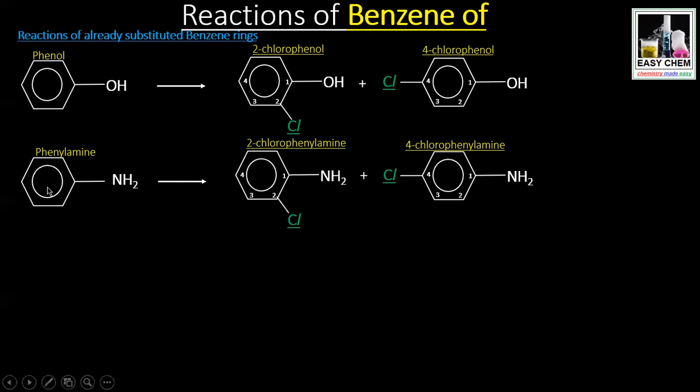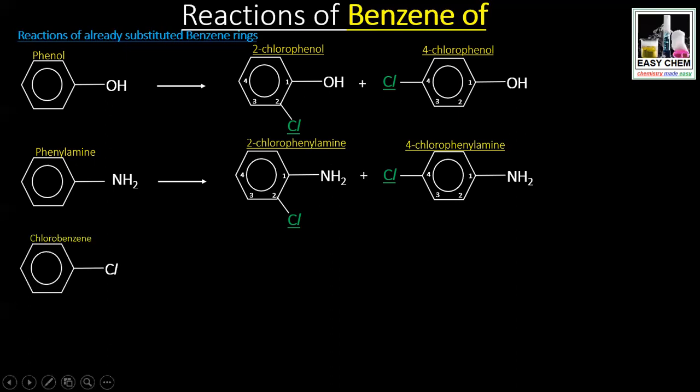When phenol and phenylamine react with chlorinating substances, the chlorine atom goes into the benzene ring either to the 2nd carbon or the 4th carbon. See, in the second example also, chlorine has come to the 2nd carbon in one and to the 4th carbon in the other.